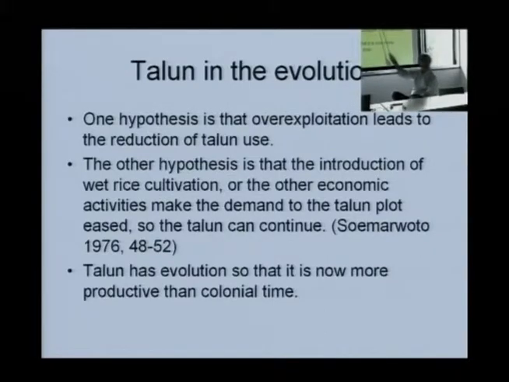The second hypothesis is that in West Java there are so many alternative income sources, such as the non-farm sector, or industry, or government, or migration, and so on, that make the demand on the land ease. That's why, although Talun is unproductive, it can continue. That is the second hypothesis.